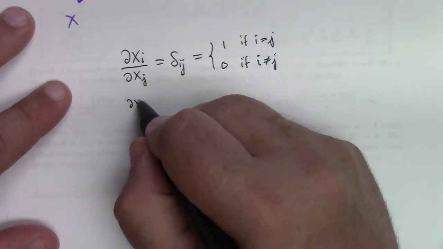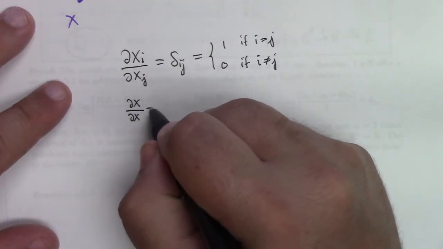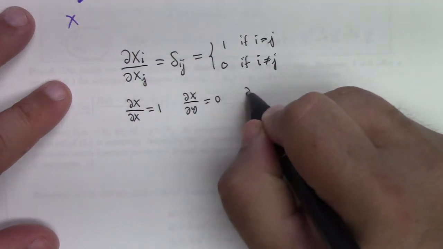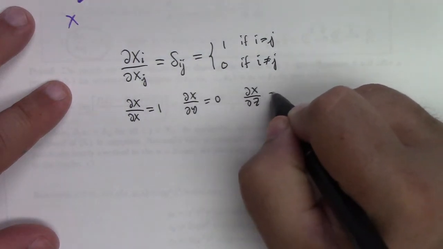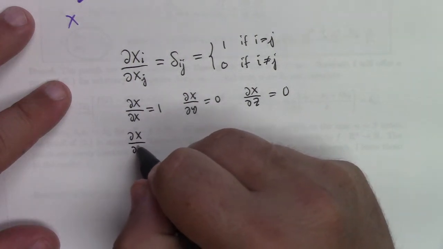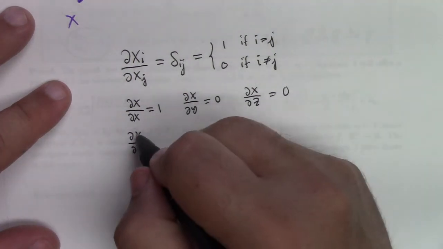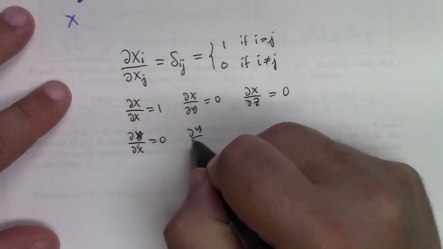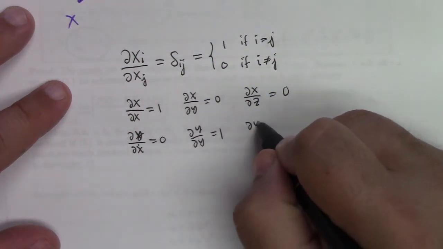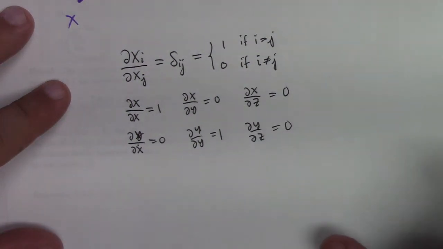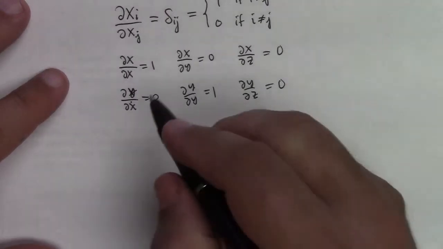So in the other notation, this is like partial x partial x is 1, partial x partial y is 0, partial x partial z is 0, partial, let's see here, excuse me, I want to do the y. Partial y partial x is 0, partial y partial y is 1, partial y partial z is 0. Alright, I've done this much, I guess I should finish.